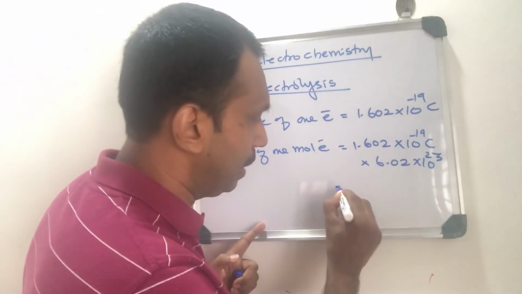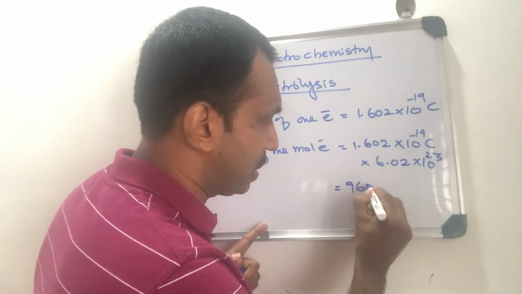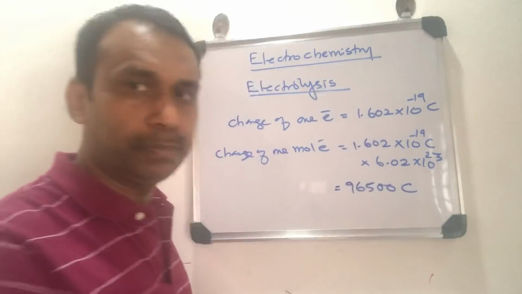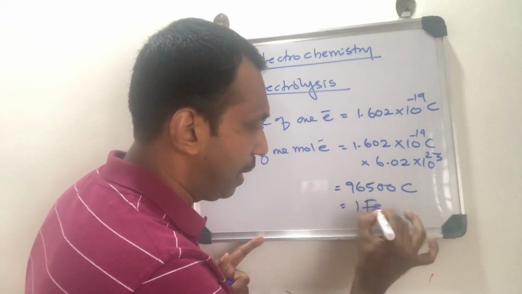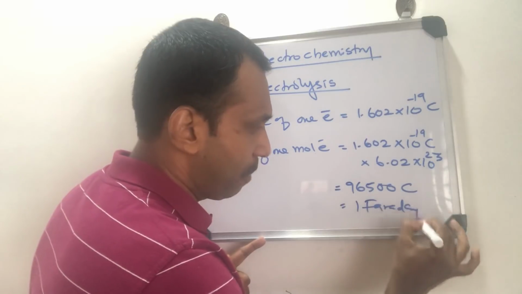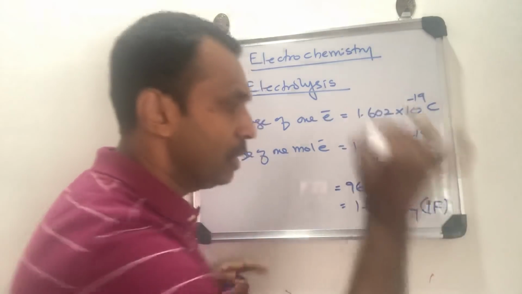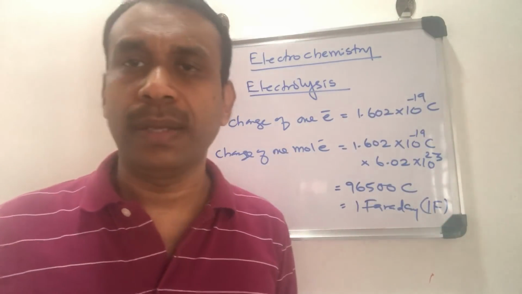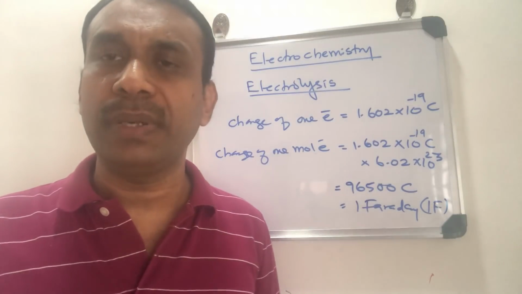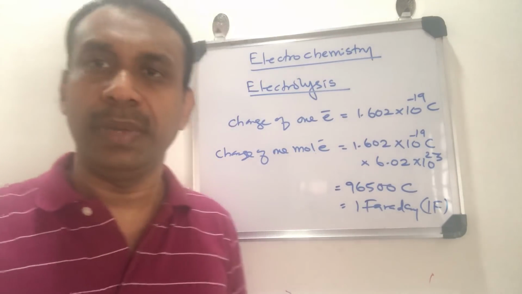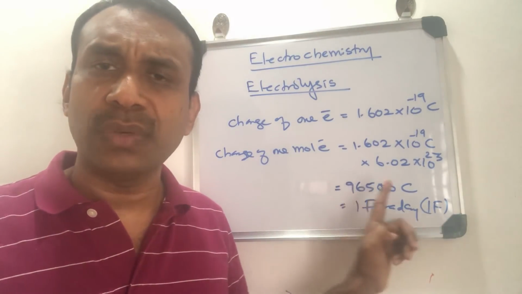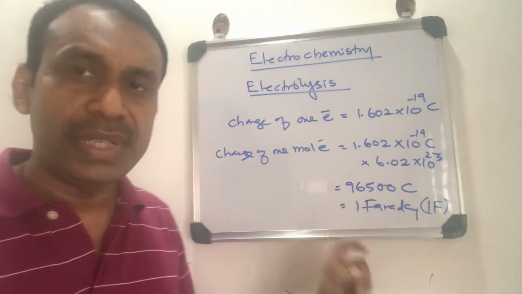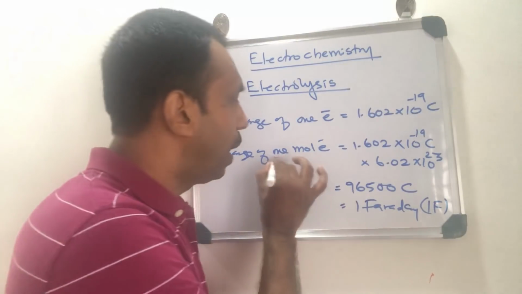On multiplying, we get 96,500 coulomb. Remember, it is known as 1 Faraday, 1F. So, in the chapter electrolysis, you should remember this constant value. That means 1 Faraday equals 96,500 coulomb, which is the charge of 1 mole electron.